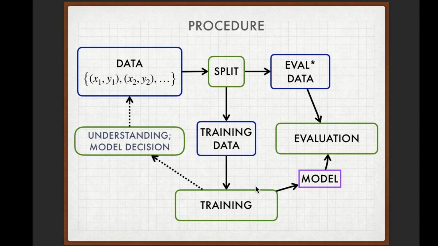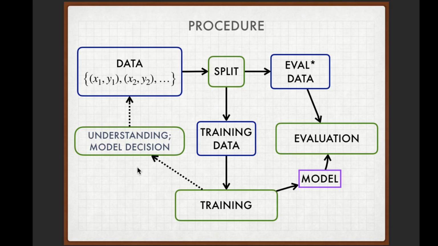Using the training data, we will train the model, and the training operation has other names such as learning, such as fitting to the data. The training is designed with respect to your understanding of the task and your expertise about how to do model selection, this kind of decisions.